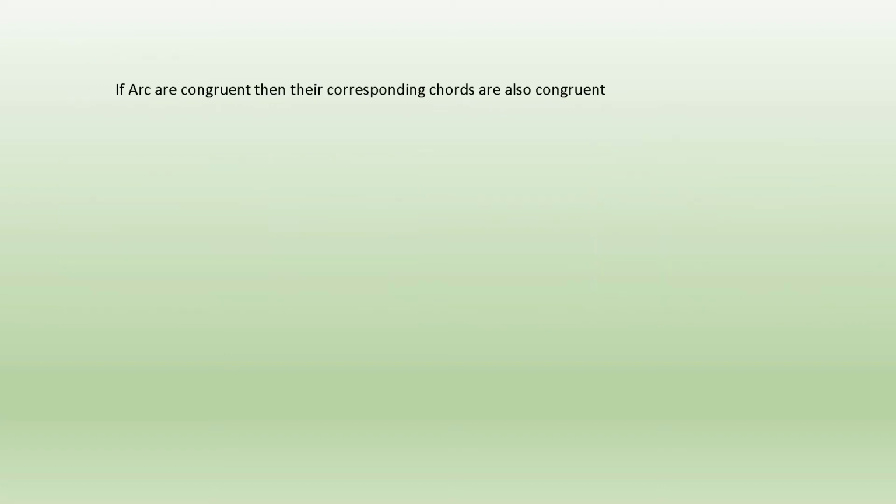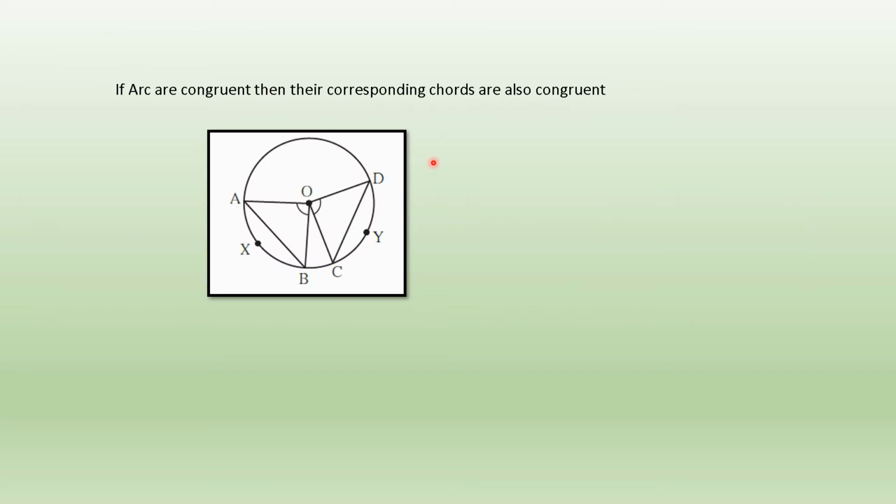Next, we'll see a very important property. It says if arcs are congruent, then their corresponding chords are also congruent. For a simple example, look at this figure. In this figure, the arc AXB is congruent to arc CYD.